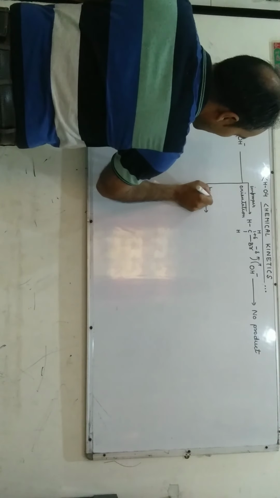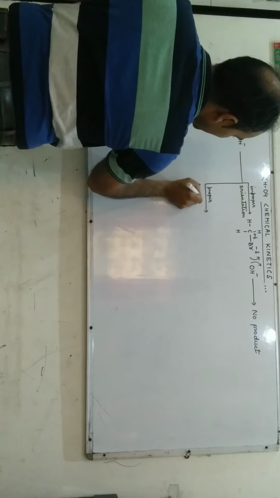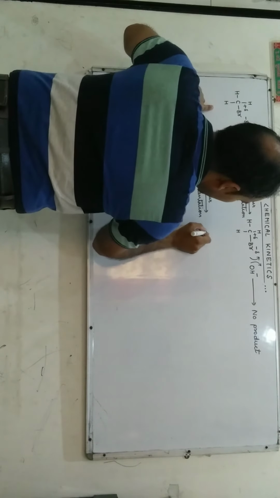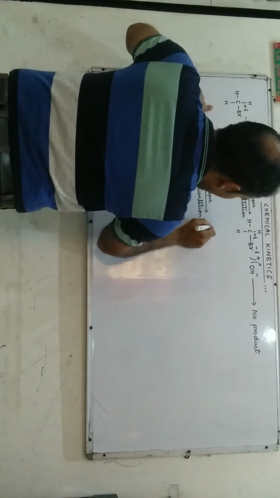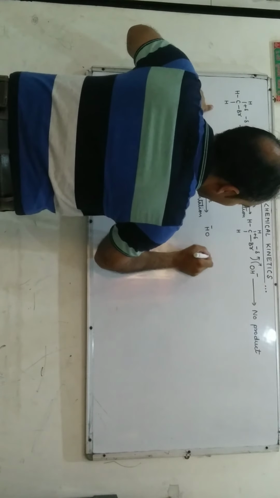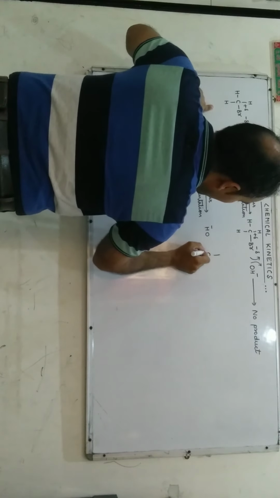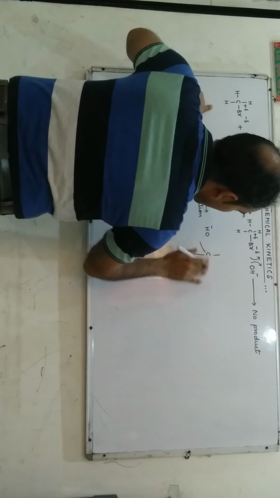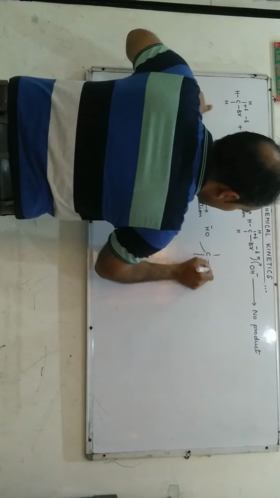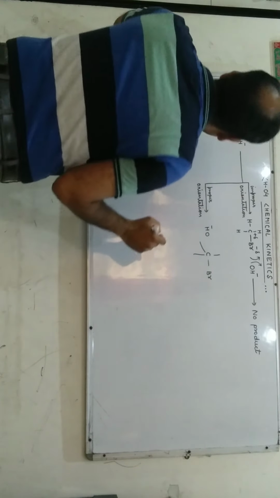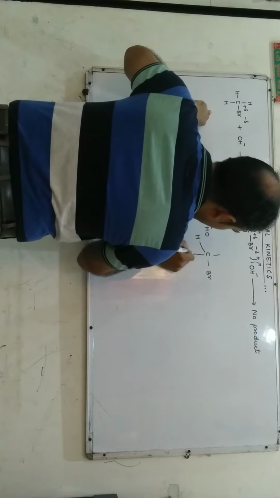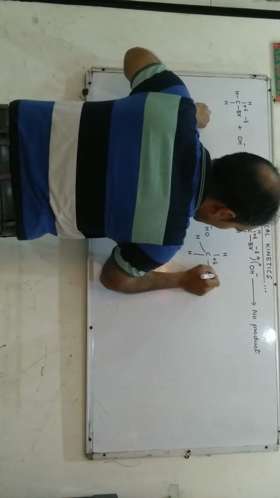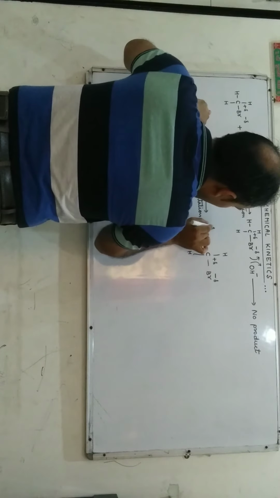But in proper orientation, the reaction takes place in this manner. Here the OH negative ion combines with bromomethane, in which carbon is positive and bromine is negative.